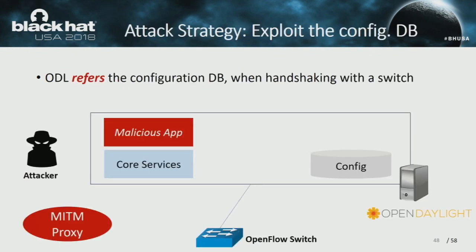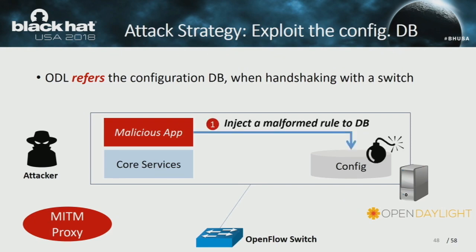The important point here is that ODL always refers to the configuration DB when handshaking with the switch. So based on this property, we can design an attack strategy as follows. First, a malicious application injects a malformed flow rule to the configuration DB, and the flow rule has some wrong values that can cause an error.